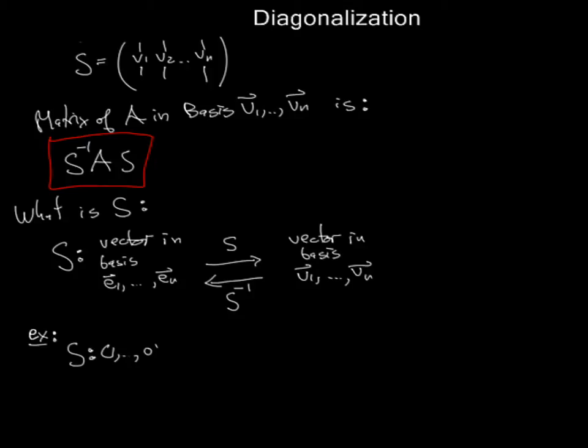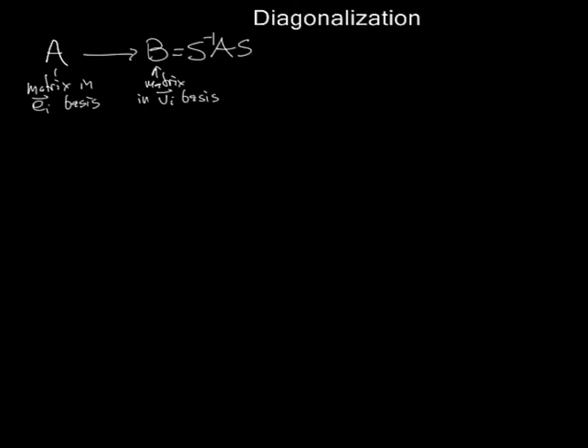Where does S take the vector 1 and a bunch of zeros? Well, if you multiply this matrix by this vector, you get the vector V1, and that is to say, the vector V1 in the standard basis. So here's the conclusion. If you have a matrix in one basis, the matrix in the new basis is given by S inverse A S.